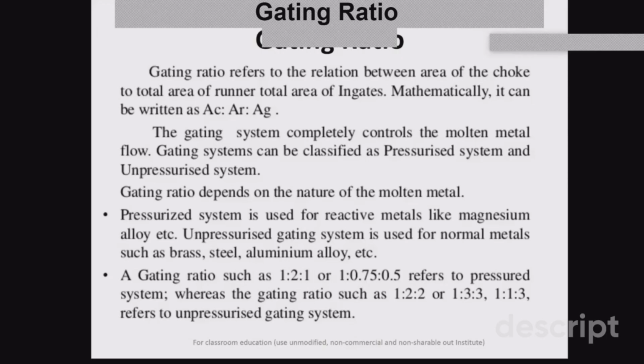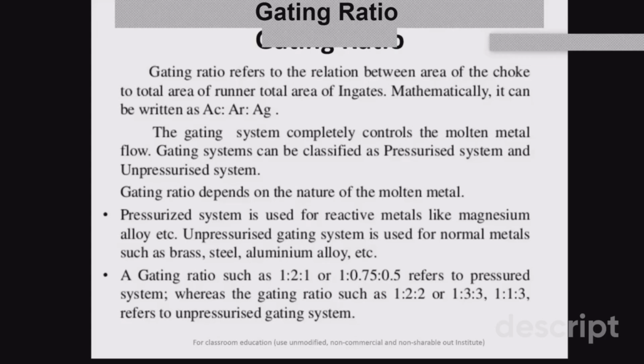The pressurized system is mostly used for reactive metals like magnesium alloys, etc. While the unpressurized gating system is preferred for all other metals like brass, steel, aluminum, and these alloys, etc. And by looking at the gating ratio, you can easily see what type of gating system it is.